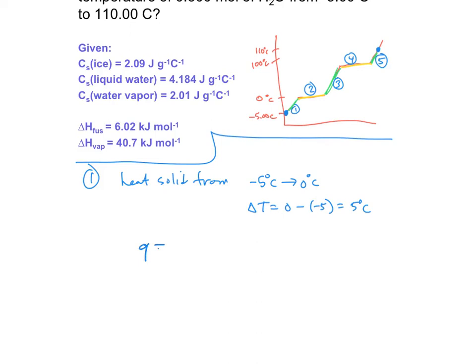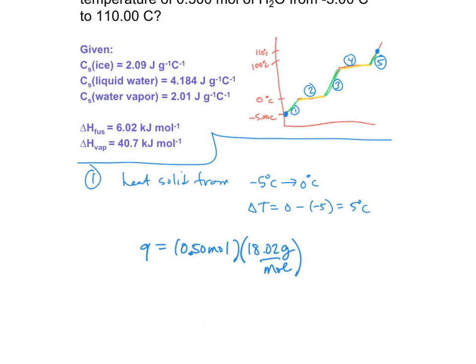So Q will be equal to half a mole times 18.02 grams per mole. So you convert moles to grams first.